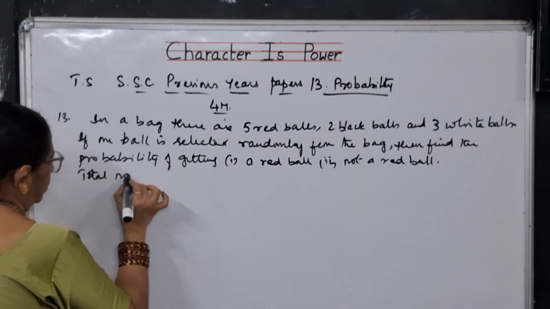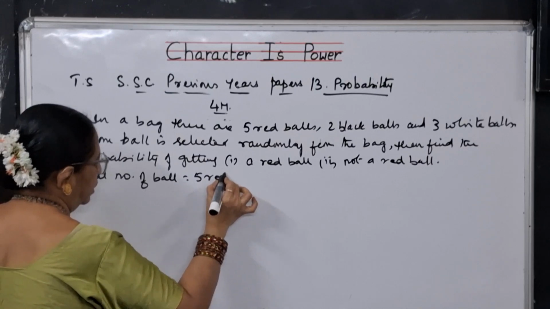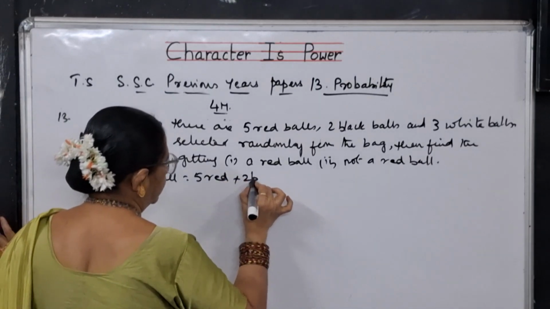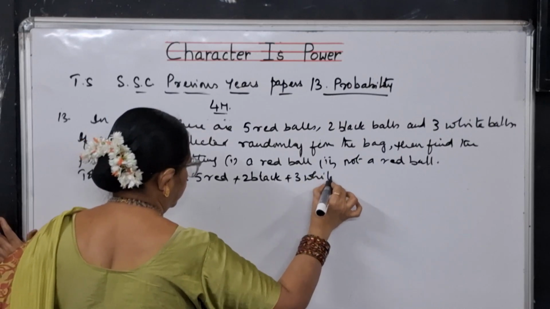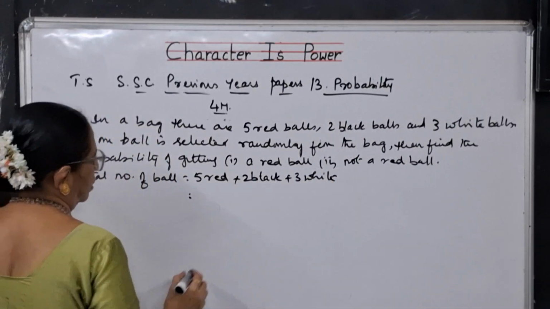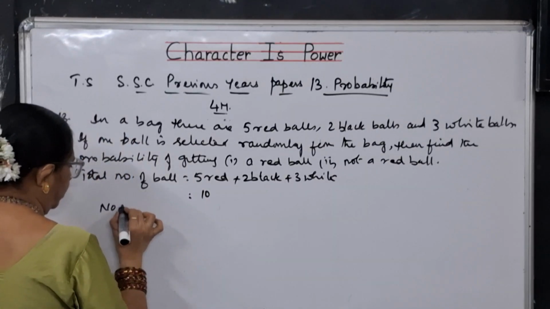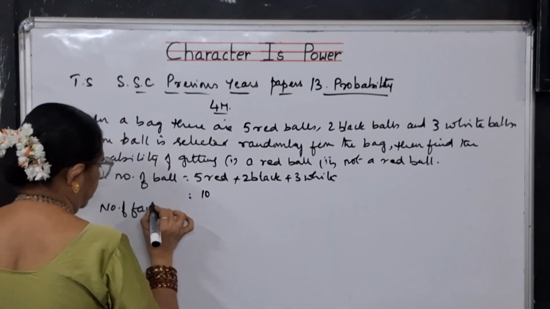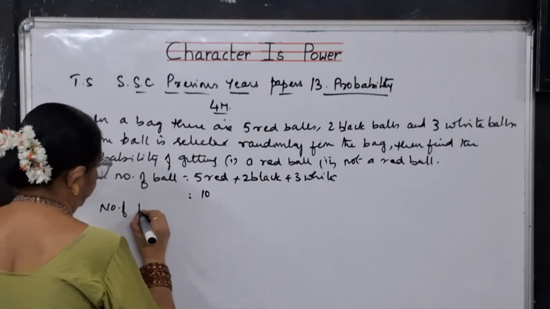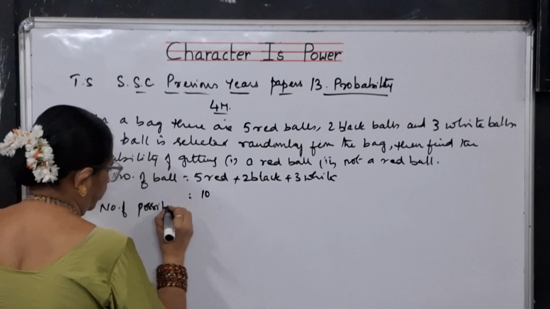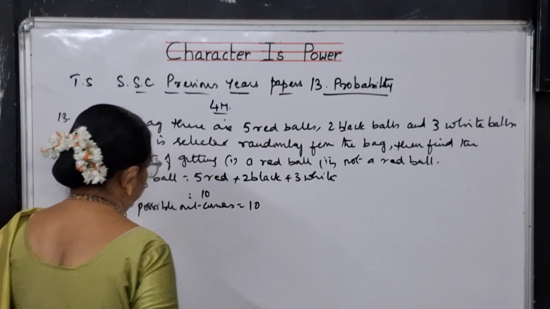So you have got total number of balls 5 red plus 2 black plus 3 white. So total how many? 5 plus 3, 8 plus 2, 10. So number of possible outcomes are 10.